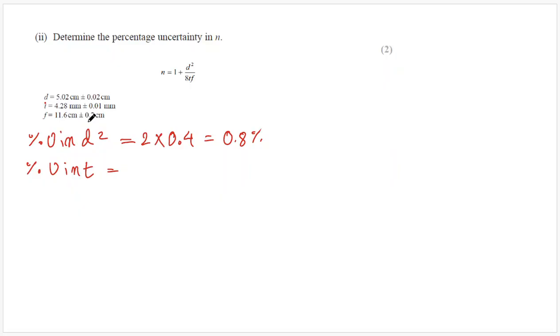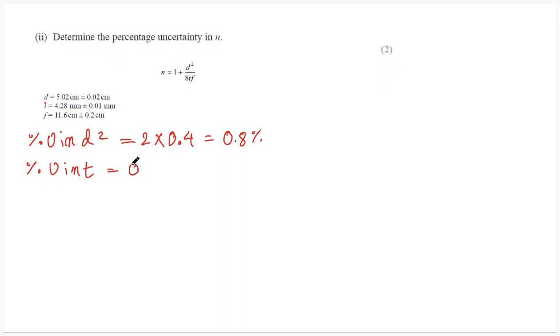And no, you don't have to convert these values to centimeter because uncertainty is in millimeter and the value is also in millimeter. So uncertainty by value, the units get cancelled out. So if the units are consistent, you don't have to convert.